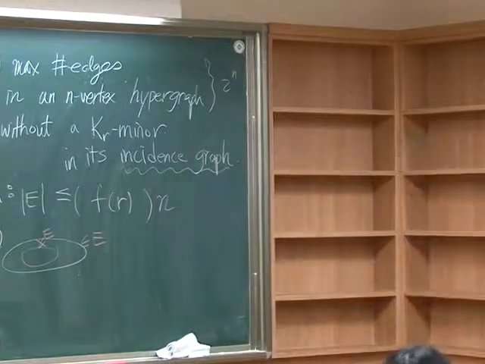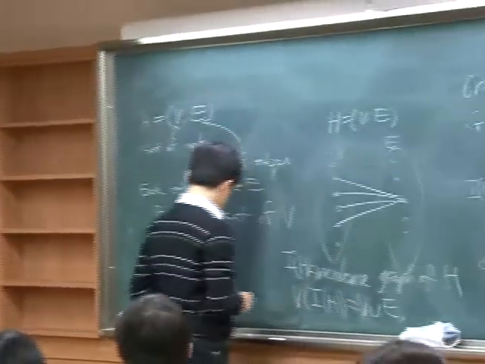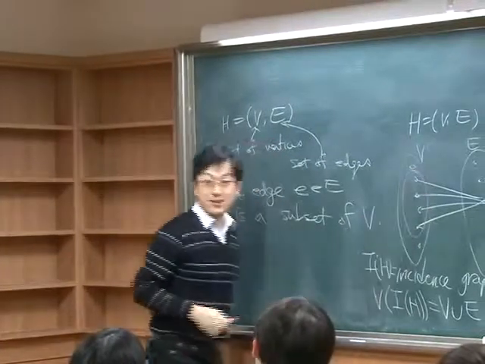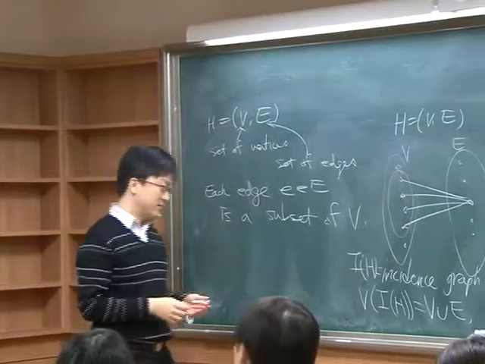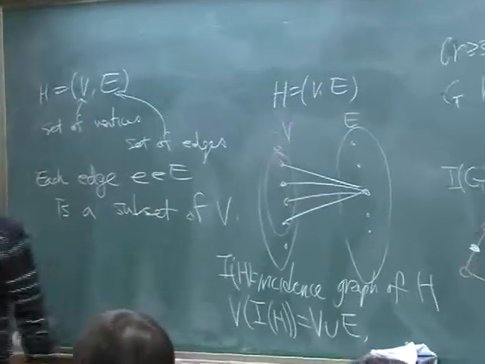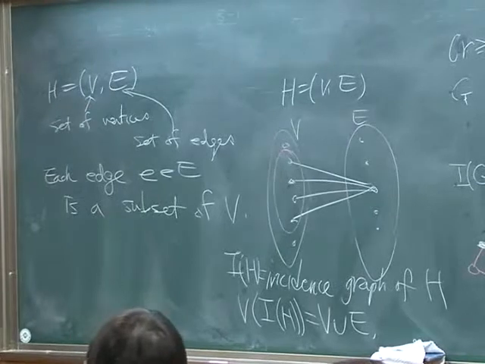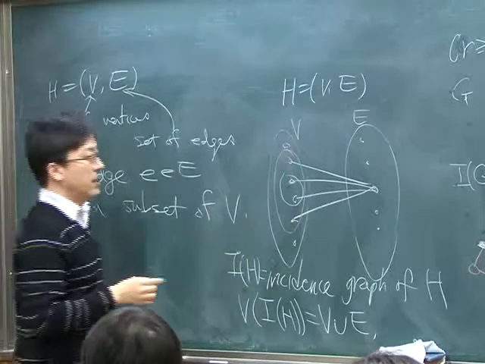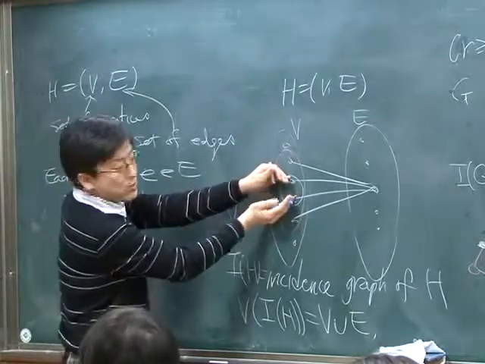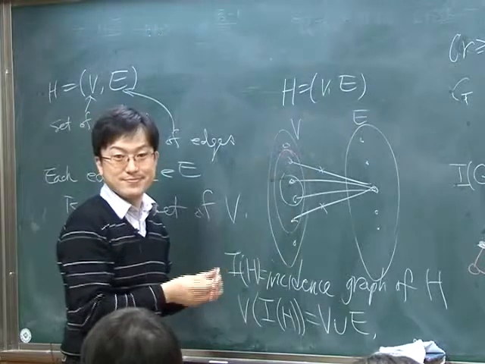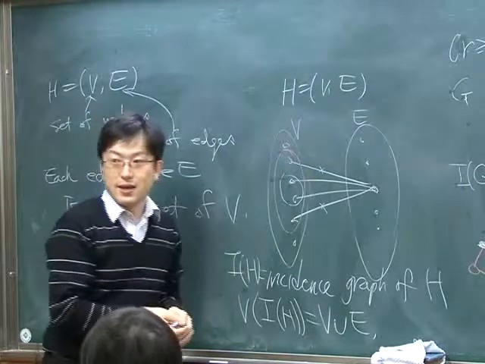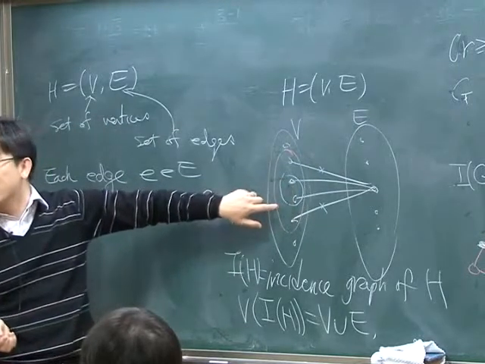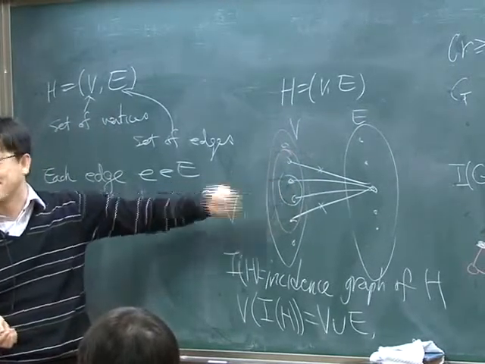What you do in the incidence graph is this. Previously, you had the following red edge as a set of edges, as one of the edges. And let's say this was not an edge. By shrinking this into the blue one, what you do is deleting those two edges. So the new incidence graph doesn't have a K_R minor.